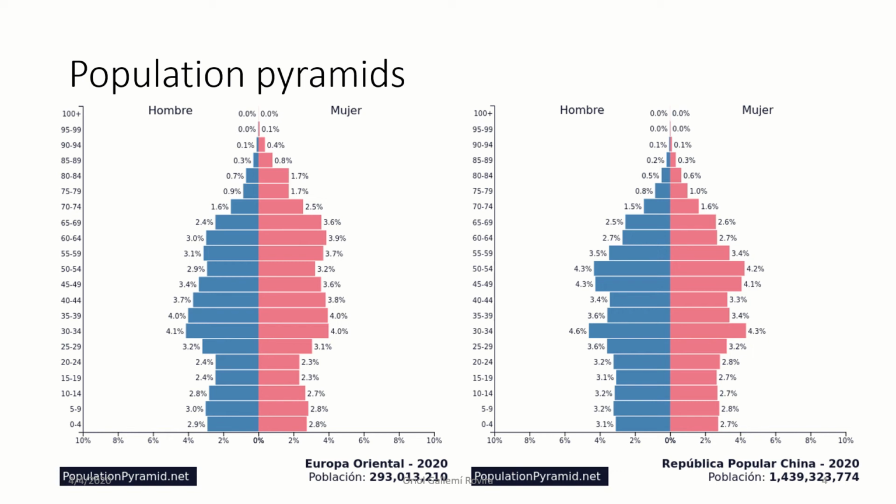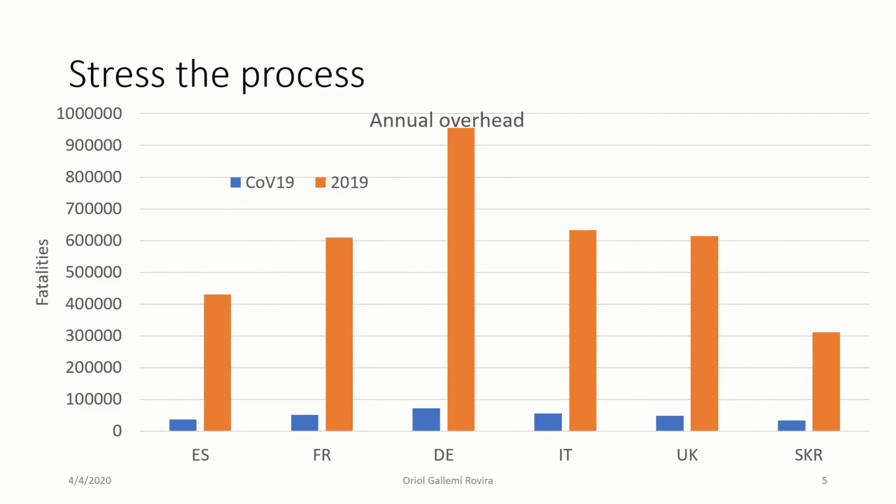Luckily, according to the latest fatality rates from the disease, we can estimate that the annual fatalities for 2020 will be lower than initially expected, let's say about 10%. All countries, of course, will have this 10% overhead or more within a period of a very few weeks or months, so that will overload the system. But so far, it is not as severe as it was initially expected, luckily.